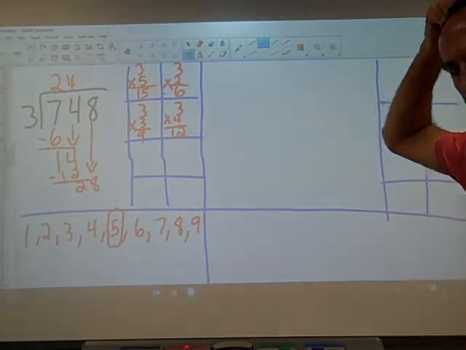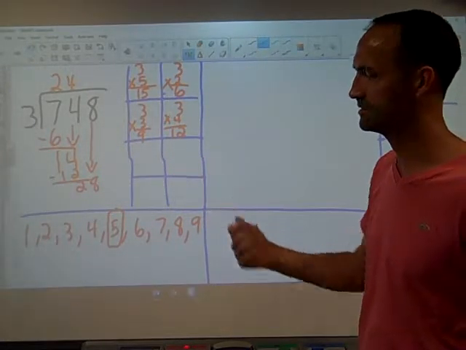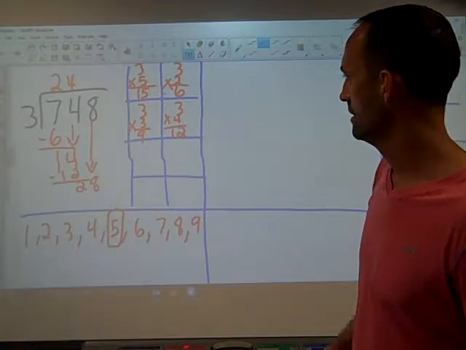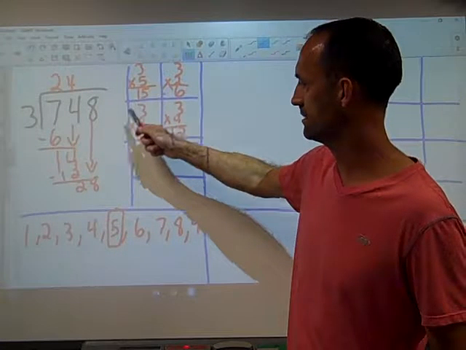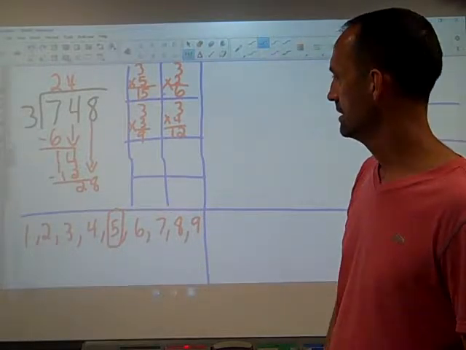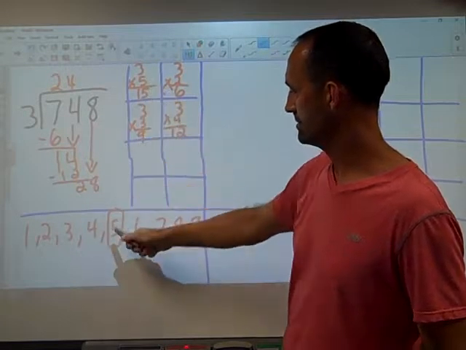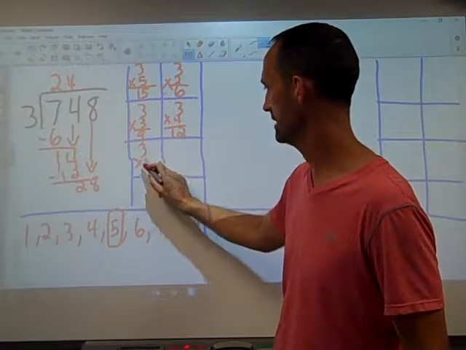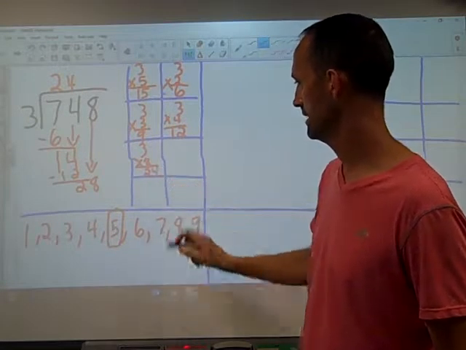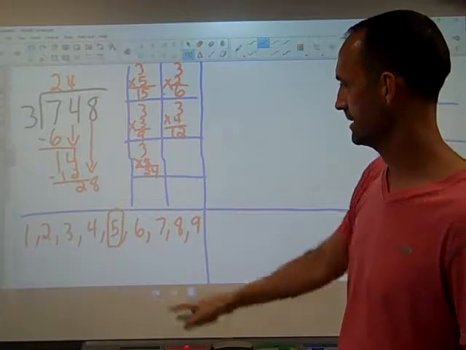Now it's 28 divided by 3, or how many times does 3 go into 28? Again, I've left my work here. I know I have to go bigger than 15, which was 3 times 5, so I might try 3 times 8. That's 24. I'm getting closer.